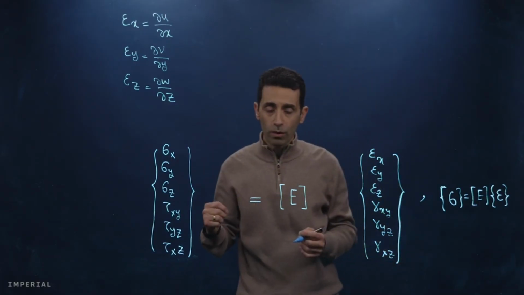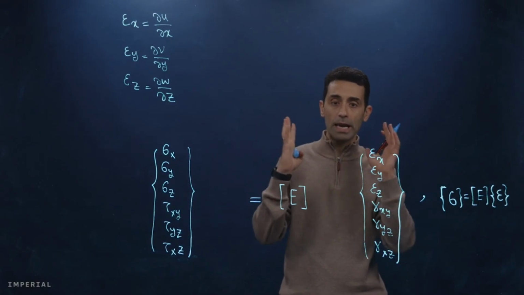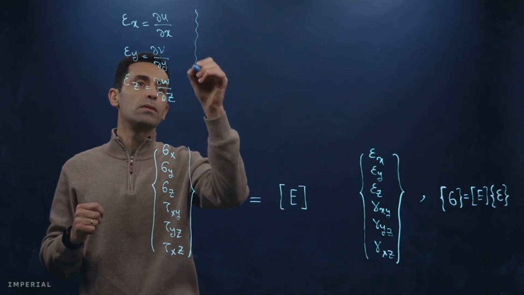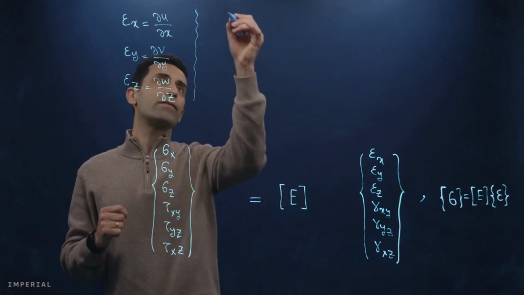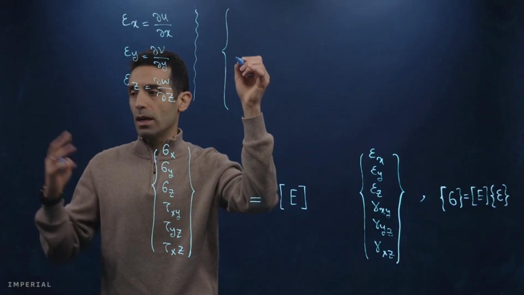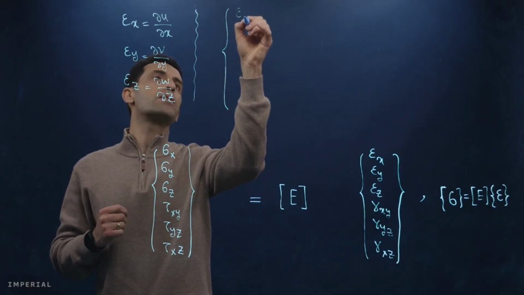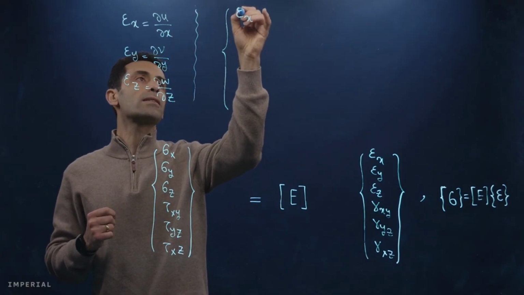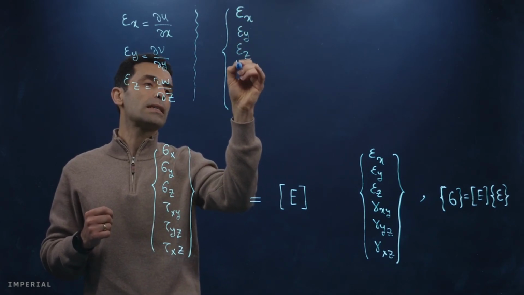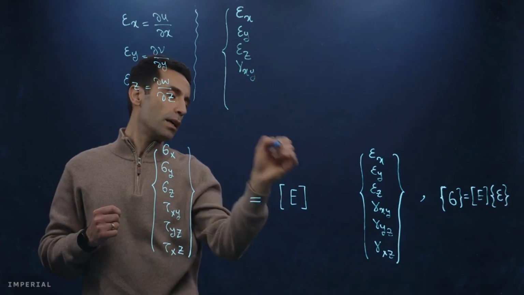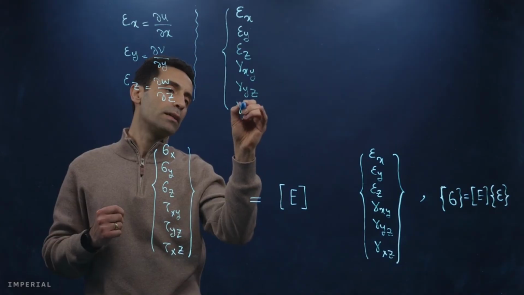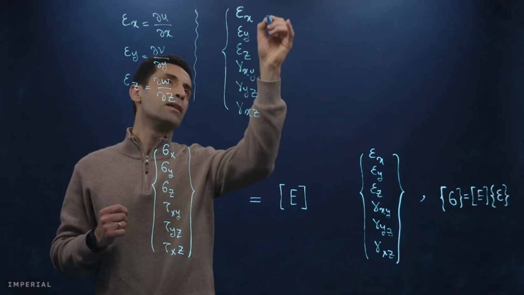I'm not going to write all of this, but I'm going to write everything in a matrix format. So if we have the vector of strains like this, that would be epsilon x, epsilon y, epsilon z, gamma xy, gamma yz, and gamma xz, right?